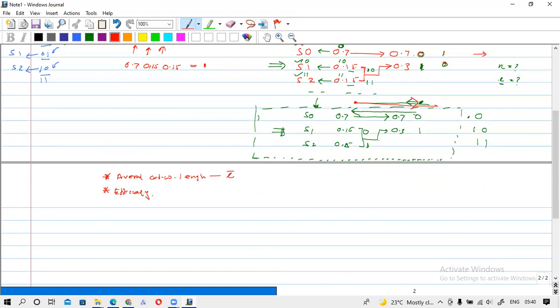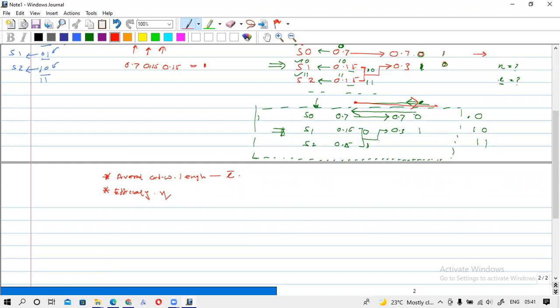If you are using any codes, block codes, error correction or error detection codes, compression codes, or codes for multiple access techniques, in any case efficiency is a very important parameter. In different techniques, we measure efficiency in different ways, so you have to remember. Efficiency is normally denoted with this symbol, eta.